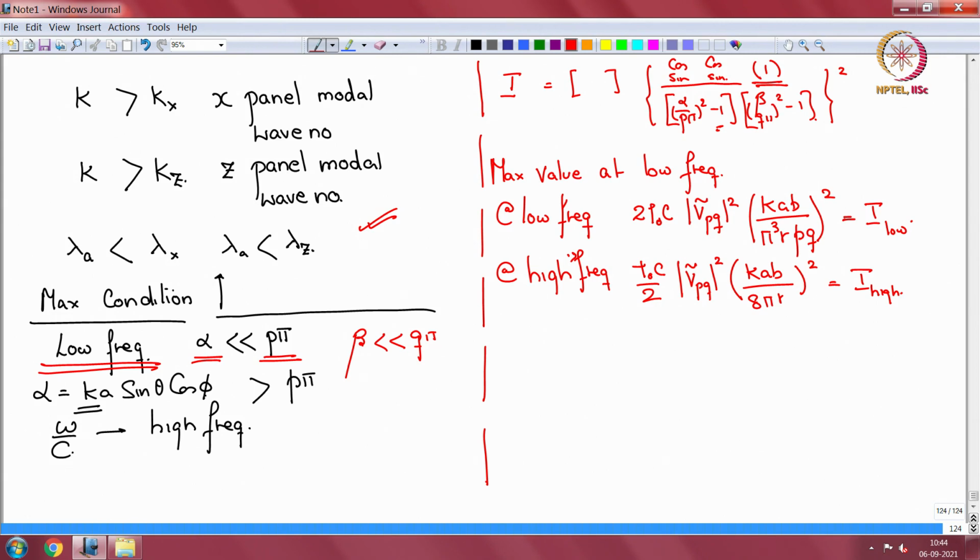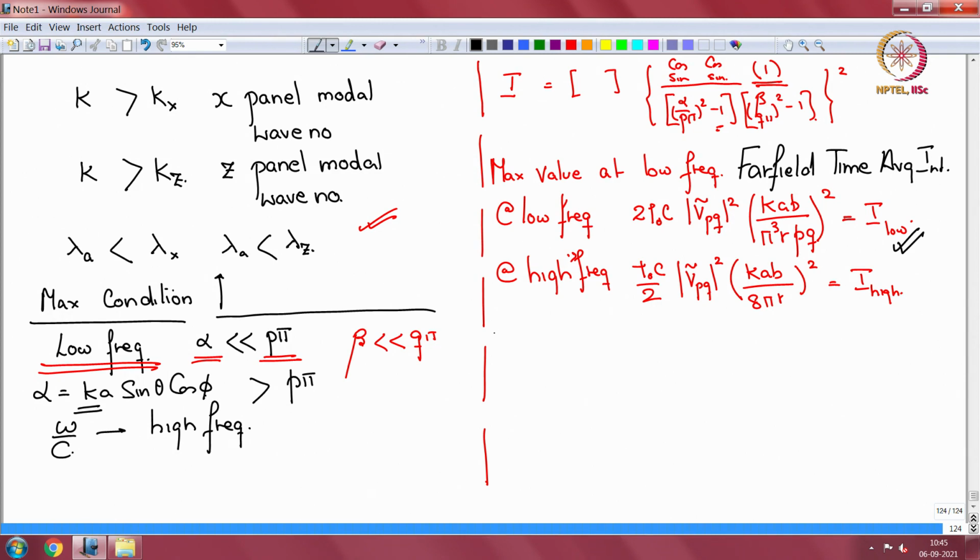So what we do is, let us look at this: the radiation from the entire panel. Okay, far field time averaged intensity at low frequencies.